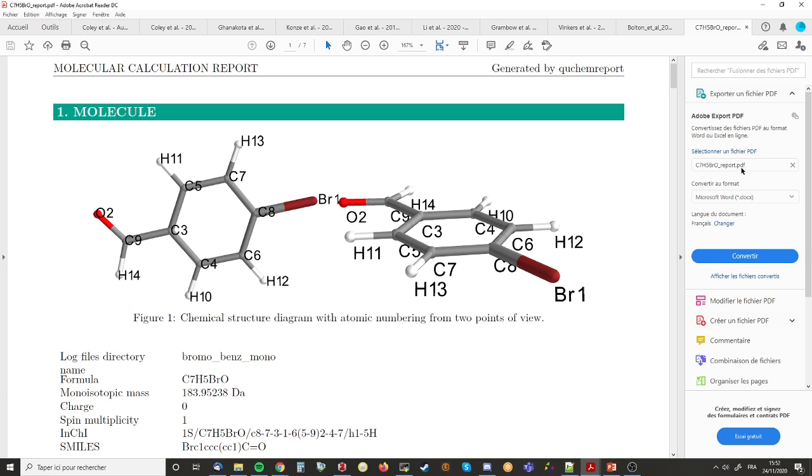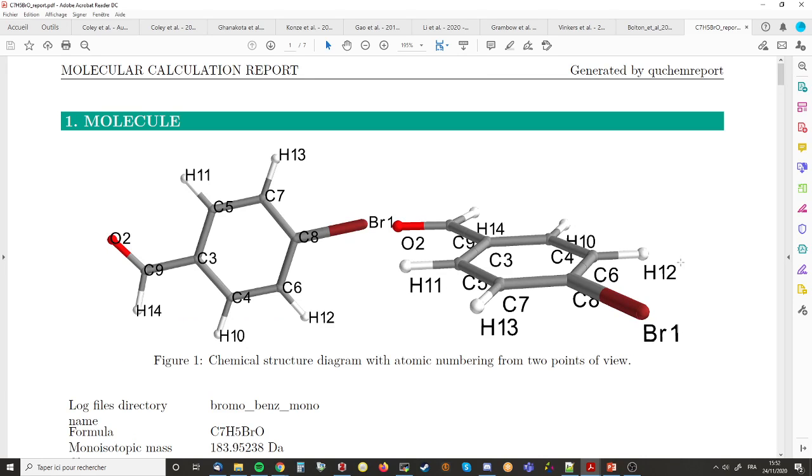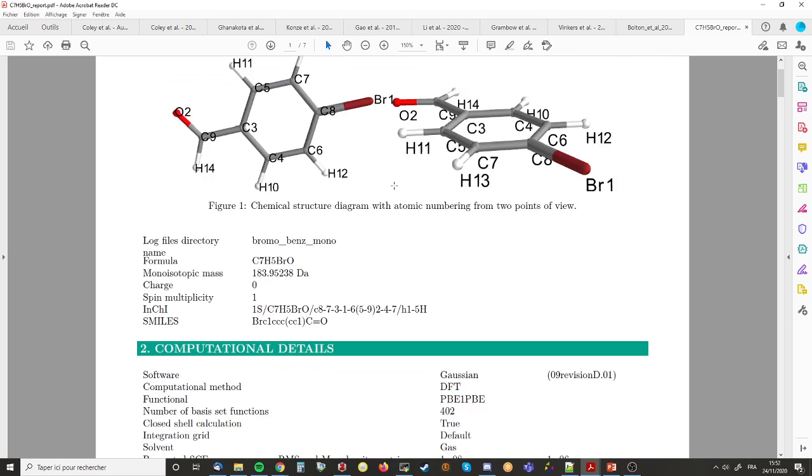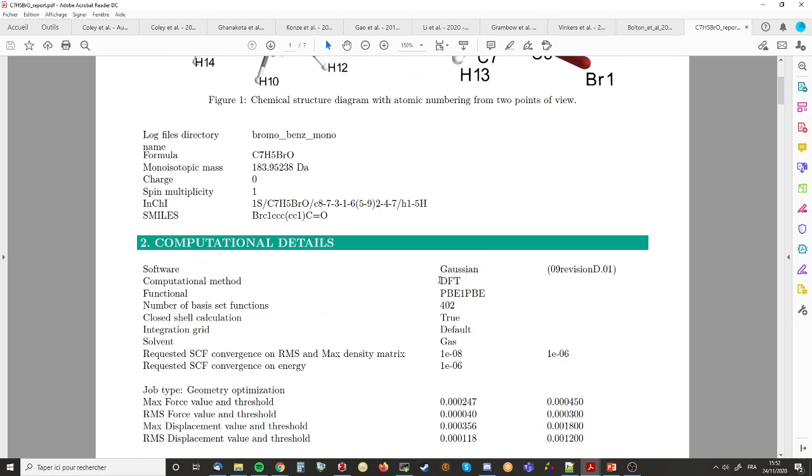That means that when you present theoretical results, you need to present enough information for a specialist to assess the quality of the calculation. A simple fact: in many articles, you don't have the functional or the basis set function.